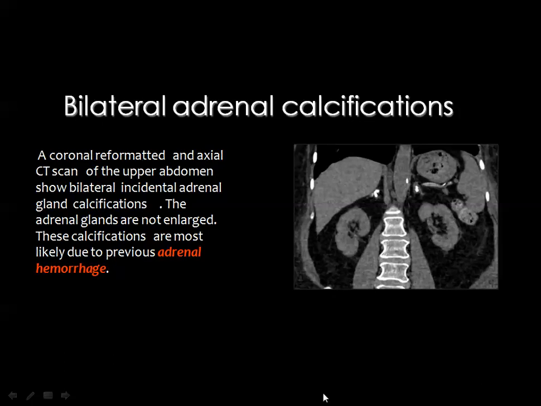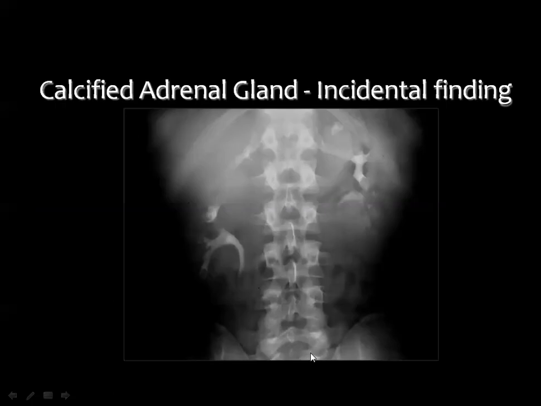Then you remember that the hemorrhage, when it subsides, may leave some calcium within the adrenal glands. But our role as radiologists, whenever we are confronted by similar cases with absence of positive history or clinical data, we just describe that the suprarenal glands are not enlarged, there are no masses, but there are few spots of calcium, which may be the sequelae of previous infection or the previous hemorrhage.